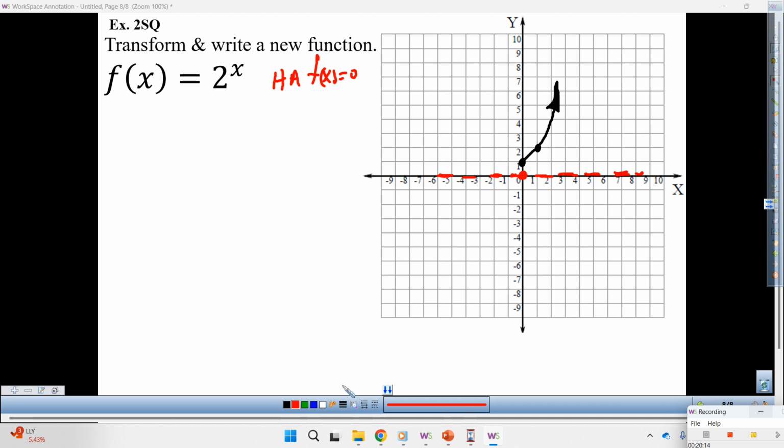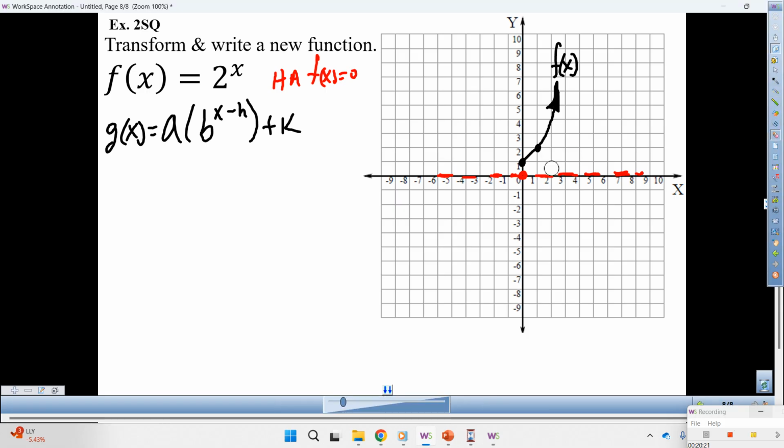Check your work, see if it looks something like this. Once again, the parent function, f of x. Just a reminder, our general rule is g of x equals a times b to the x minus h plus k.